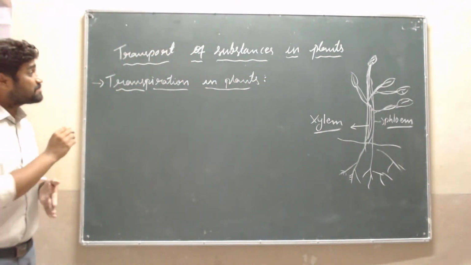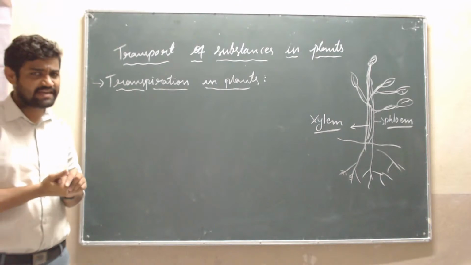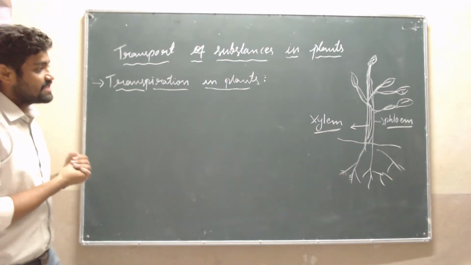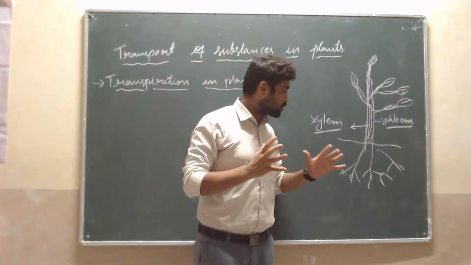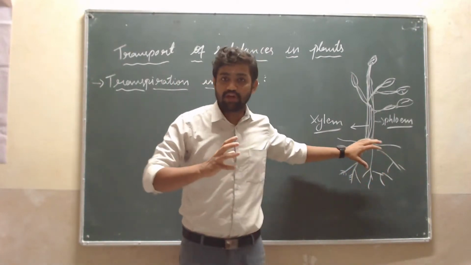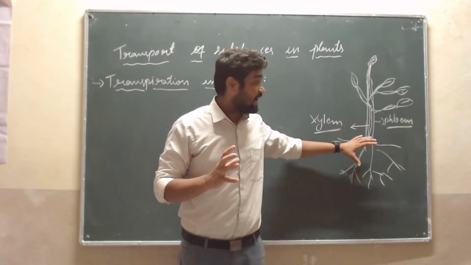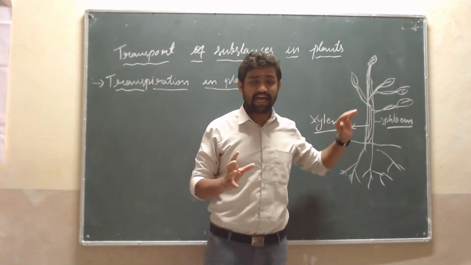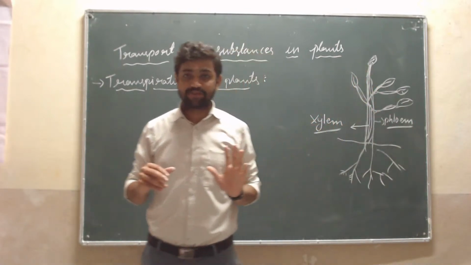What is meant by transpiration in plants? See here, we already know that roots will absorb the water, isn't it? And it is supplied to all the parts, especially to the leaves.